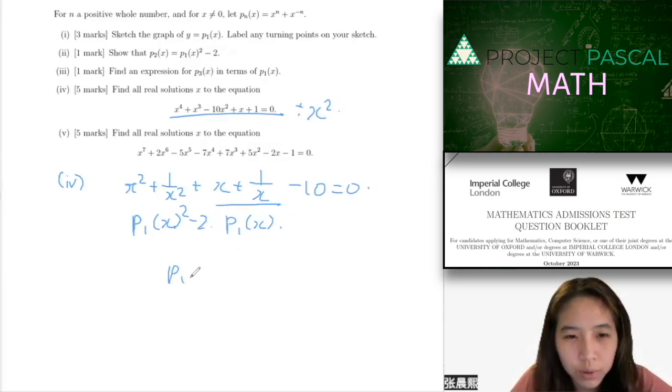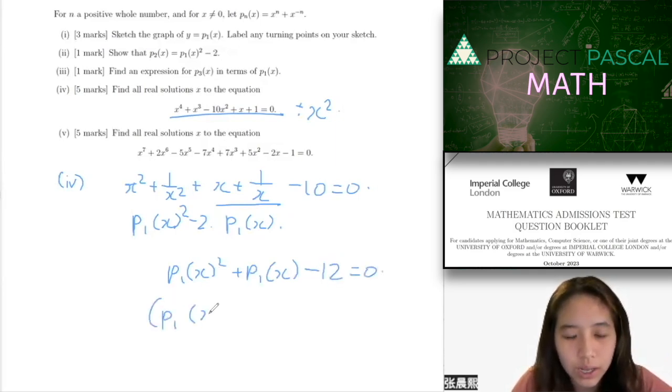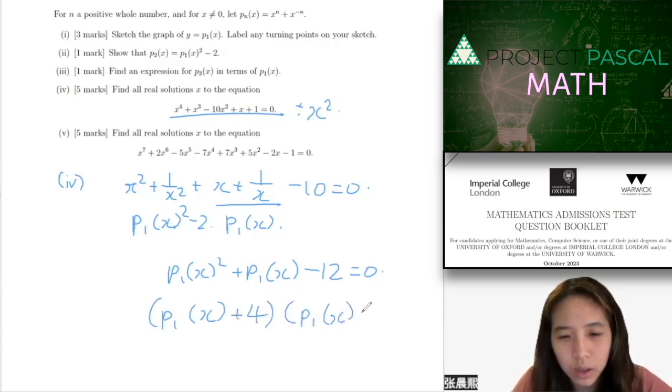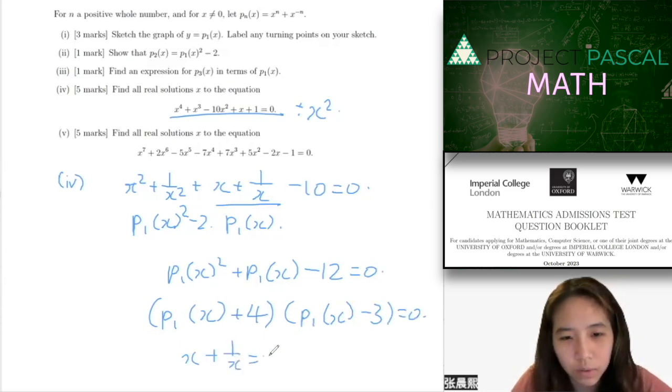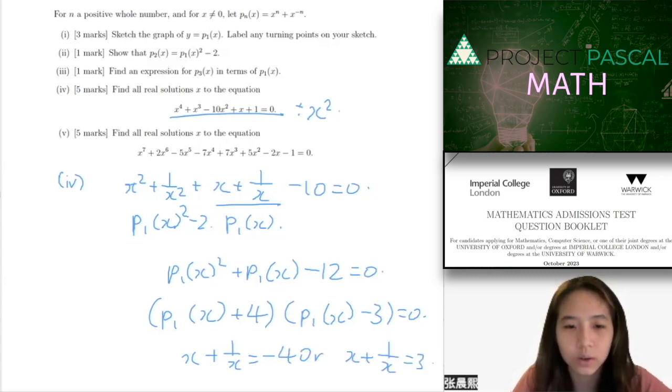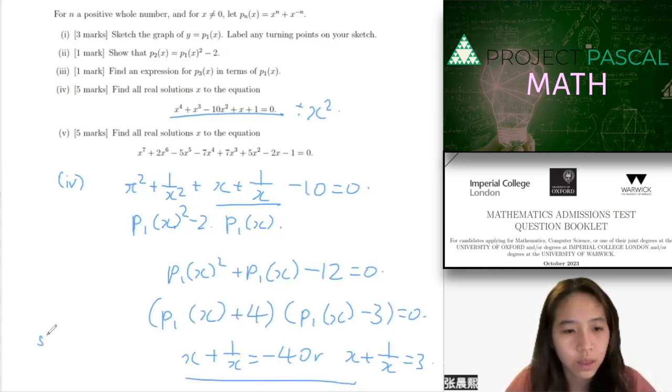So P1(x) squared plus P1(x) minus 12 equals 0, which gives you P1(x) plus 4 times P1(x) minus 3 equals 0. So x plus 1 over x equals negative 4, or x plus 1 over x equals 3. So basically I'll just give you until this and you can solve for x yourself.